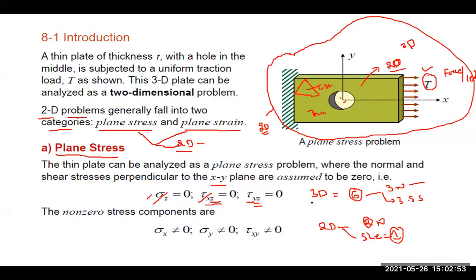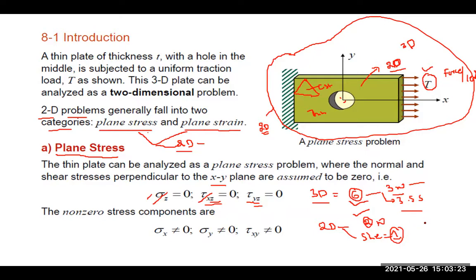So in a three-dimensional member, there are 6 independent stresses, 3 normal and 3 shear. In that, one normal stress is 0, that is, 3 minus 1. So in two-dimensional analysis, 2 normal stresses are present, and 2 shear stresses are 0 in the plane stress condition. Therefore, of the 3 shear stresses in three dimensions, 3 minus 2 becomes 1, so only 1 shear stress is present.